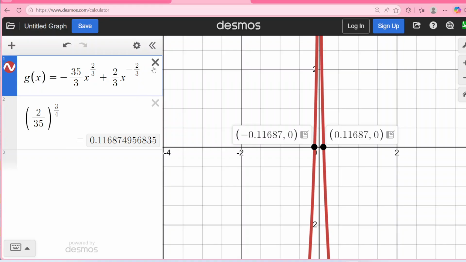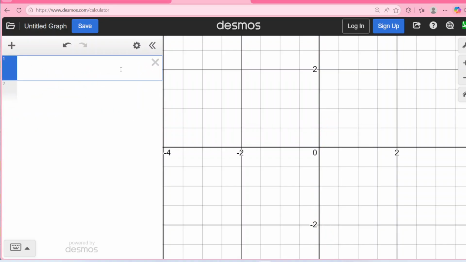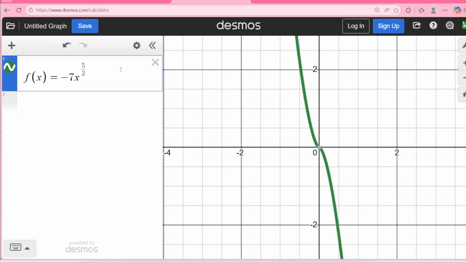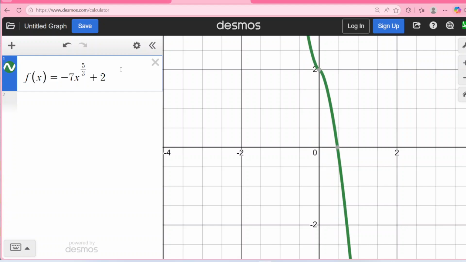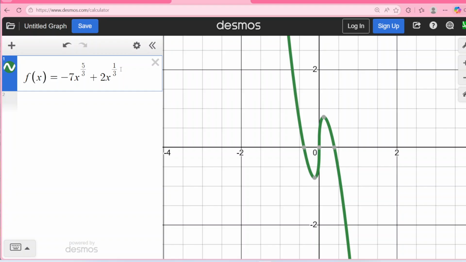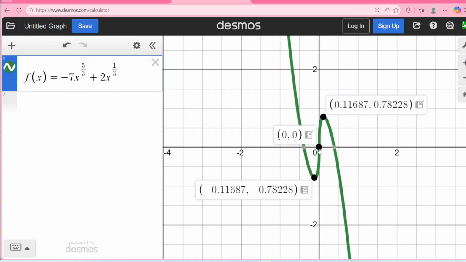Now again, let me go back and show you. Here was our original function, right? This f, that was the derivative I had up earlier. So f was given as negative 7x to the 5/3, then plus 2 times x to the 1/3, the cube root of x. And look, you see this here, and this here, and this here, right? So see at 0, we've got a vertical tangent line, not at the top of a hill or valley.